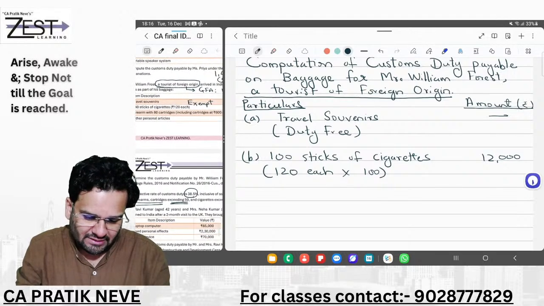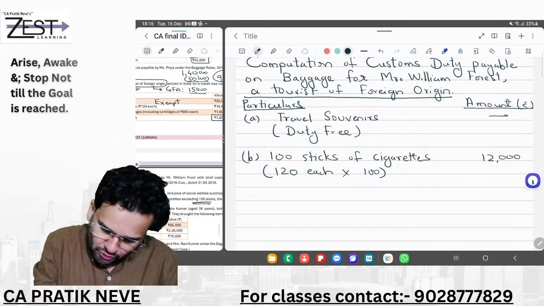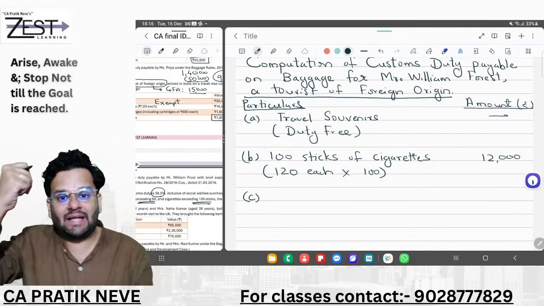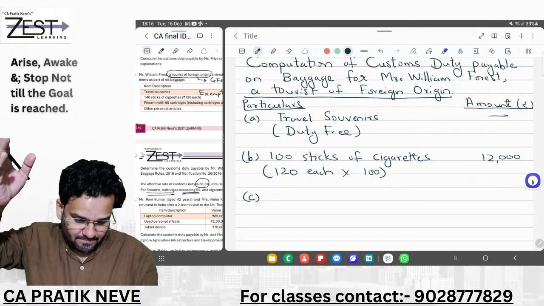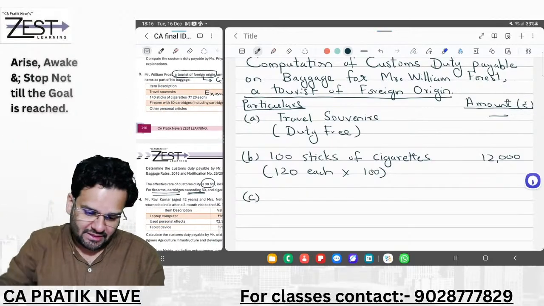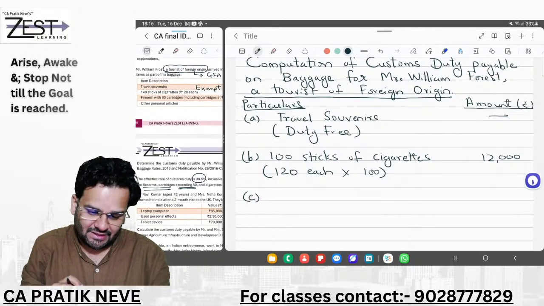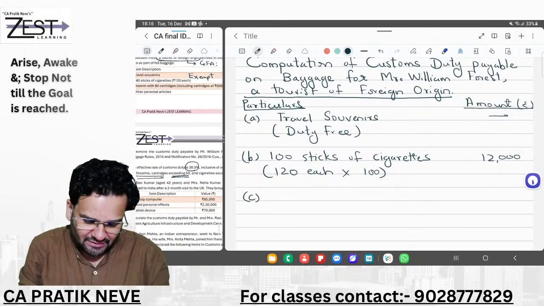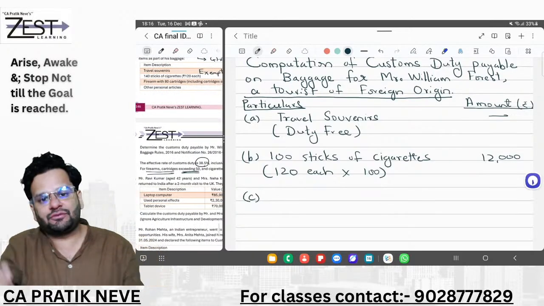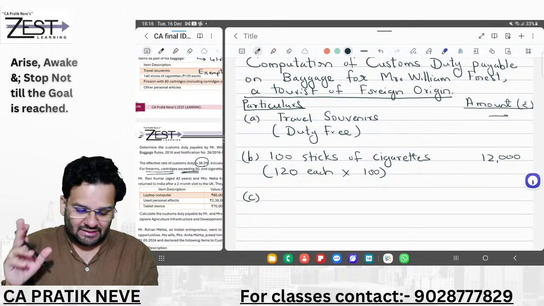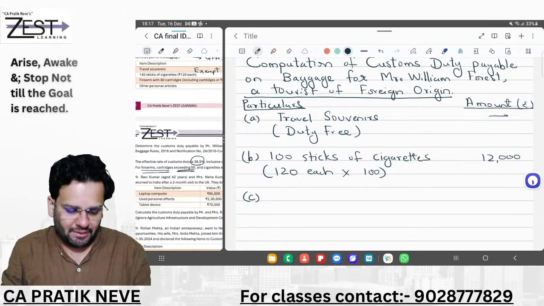Then firearm with 80 cartridges. Now what you will do, firearms you will directly send where it is taxable at 100%. So don't take firearms here. Out of 80 cartridges, cartridges which are exceeding 50, they will be taxable at 100%.